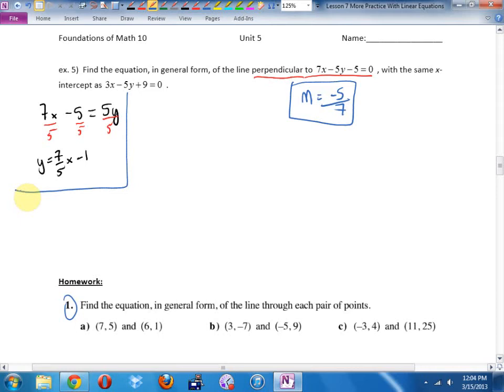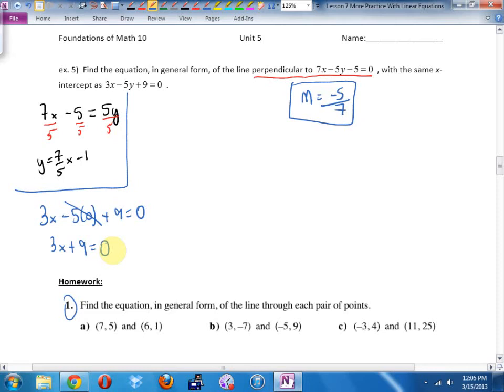Make the y 0. So I'm going to go like this. 3x minus 5, make the y 0, plus 9 equals 0. In fact, Rachel, I think you could argue that this whole thing is just going to vanish, and you're going to end up with 3x plus 9 equals 0.